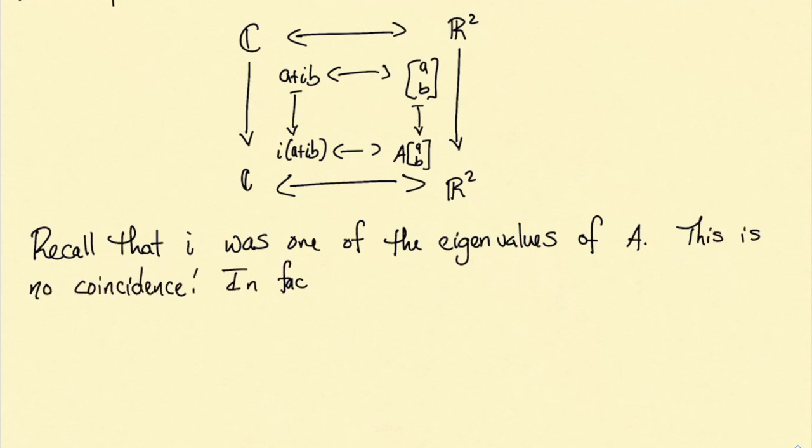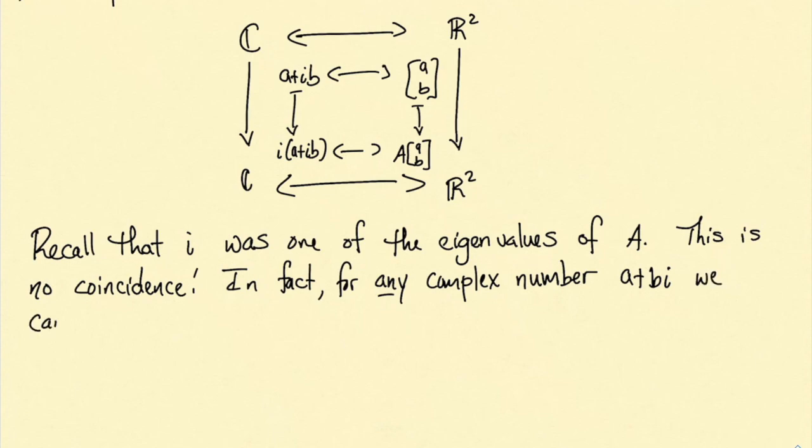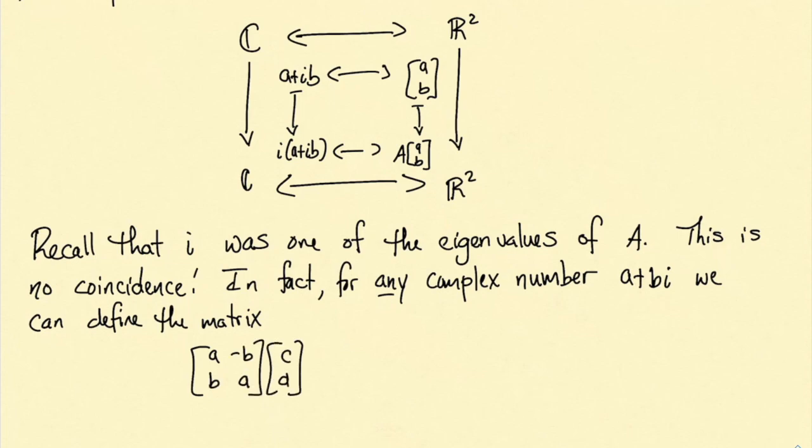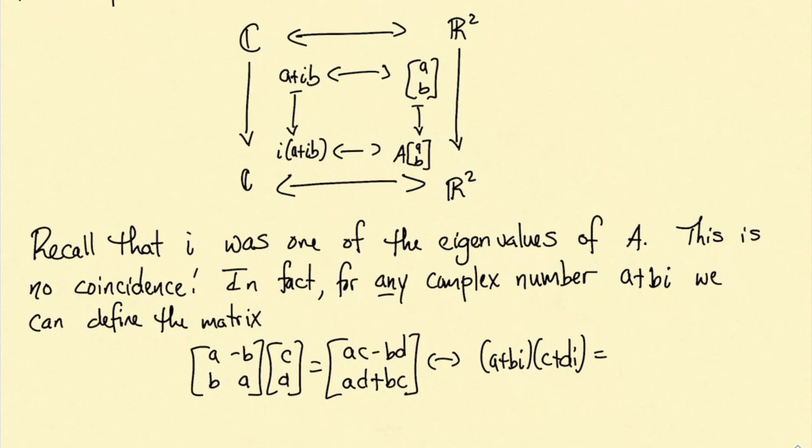In fact, for any complex number that we like, a plus bi, we can define a matrix with rows (a, b) and (-b, a), and that matrix, when it acts on the representation of another complex number (c, d), will give us the representation of the complex number a plus bi times c plus di.